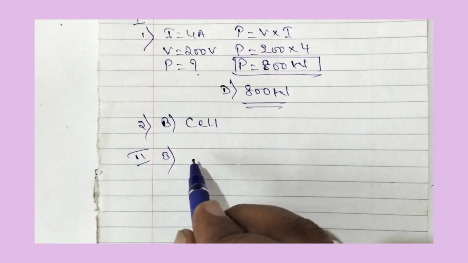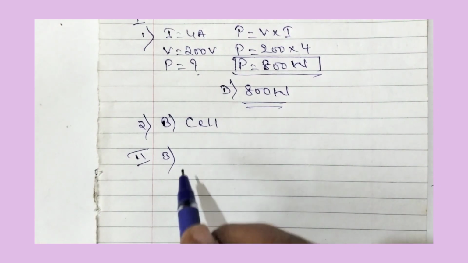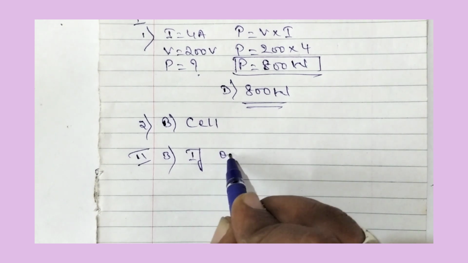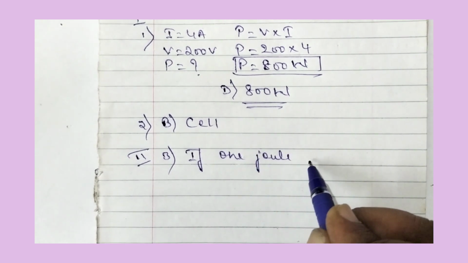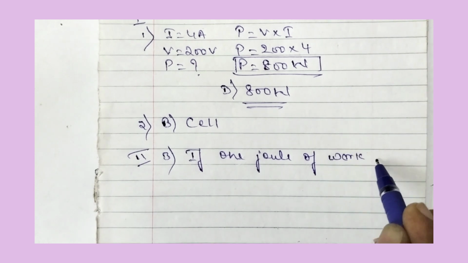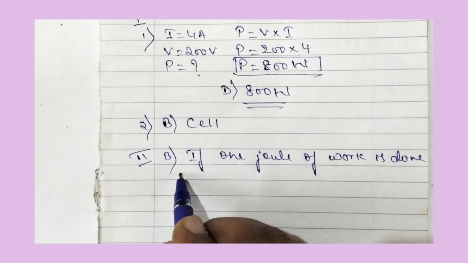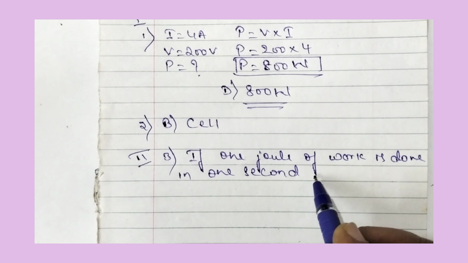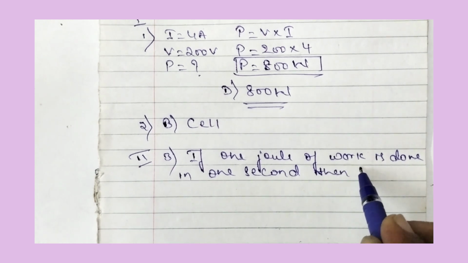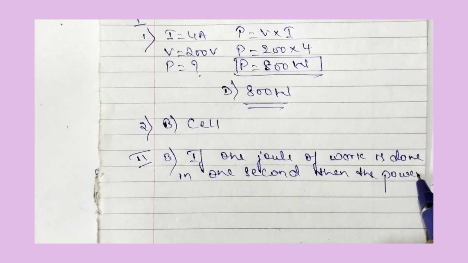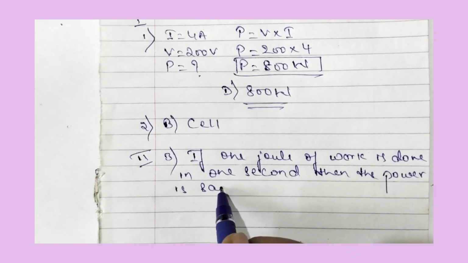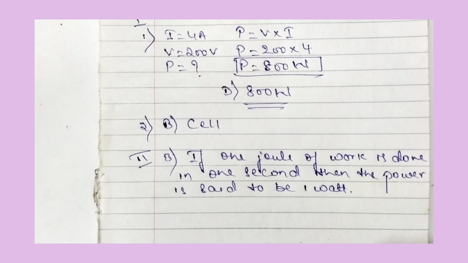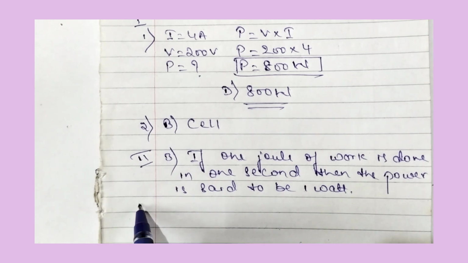So how to define 1 watt? 1 watt is defined as, if 1 joule of work is done in 1 second, then the power is said to be 1 watt. So this is the answer for the third question.